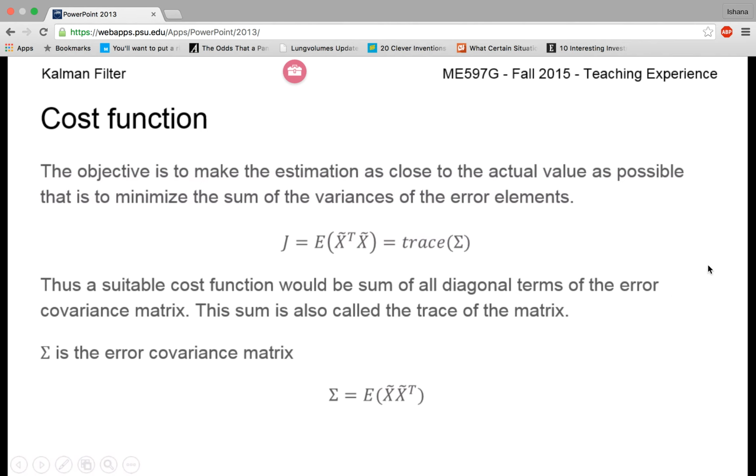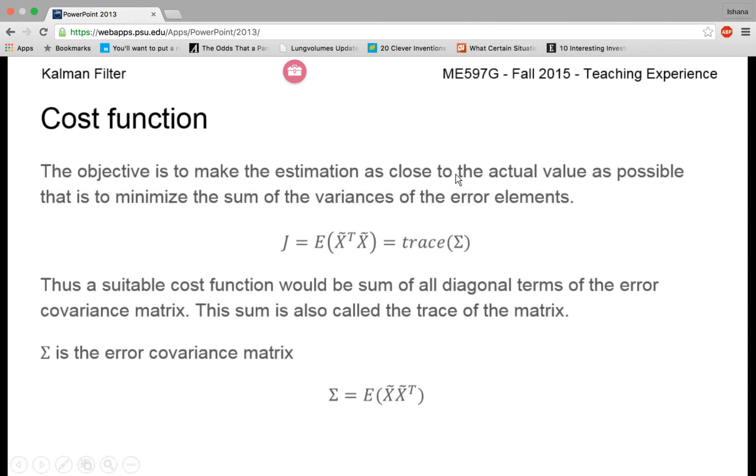Now that we've defined the error and how it changes with time, we want to talk about what we can do to minimize the error. And we want the estimate to be as close to the actual value of the state.